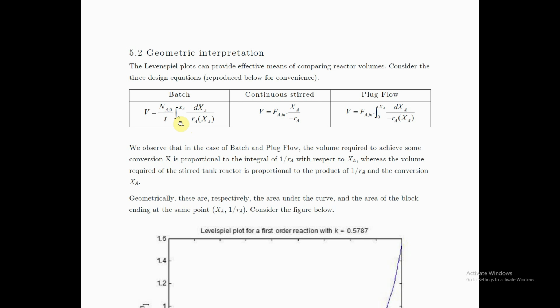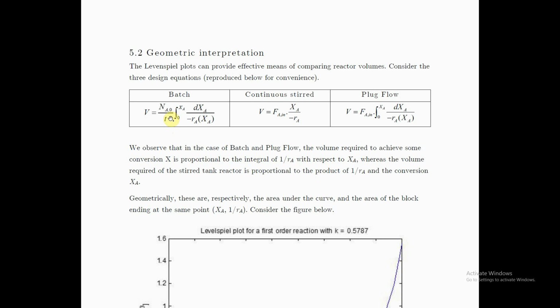You have to charge that reactor with NA0. You have to wait a specific amount of time, and then you stop the reactor, you open it up, you remove your product. You may have to do additional work on that reactor to get it back to its original state, and then you charge it again, and you restart the whole reactor.